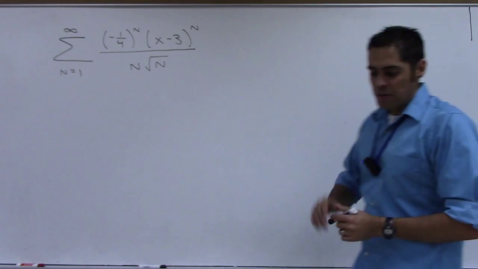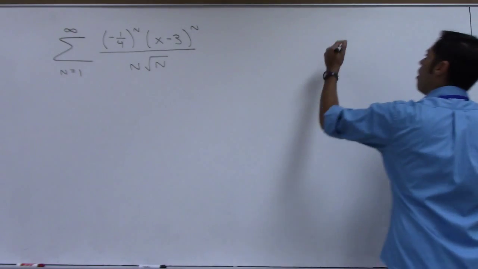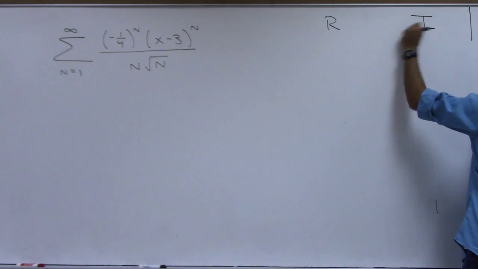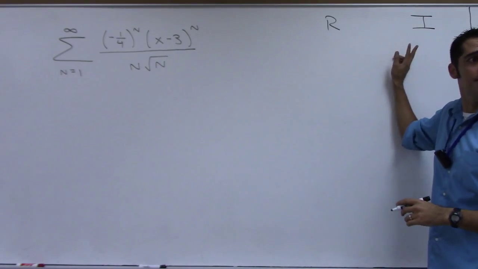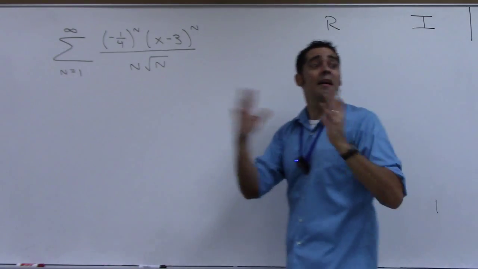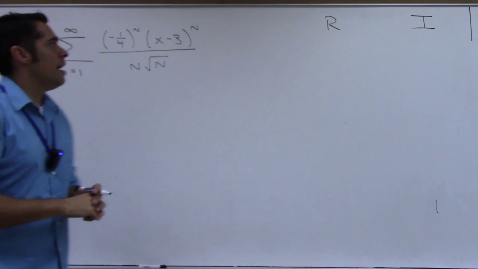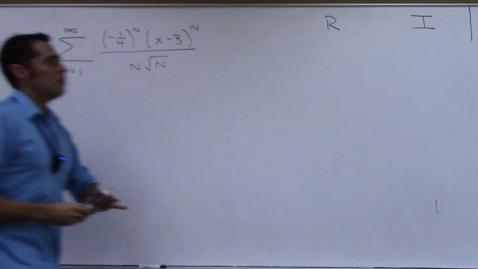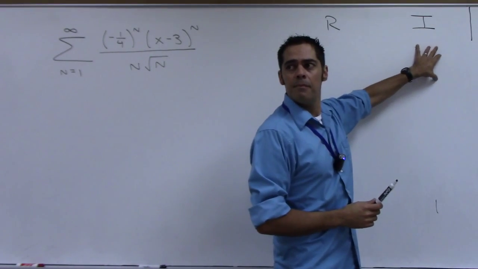So they want us to find two things. I'm going to call them r for the radius of convergence and I for the interval of convergence. These are two different concepts. The radius is how wide the interval is, and the interval of convergence is the actual interval, which is what we've been finding, right?